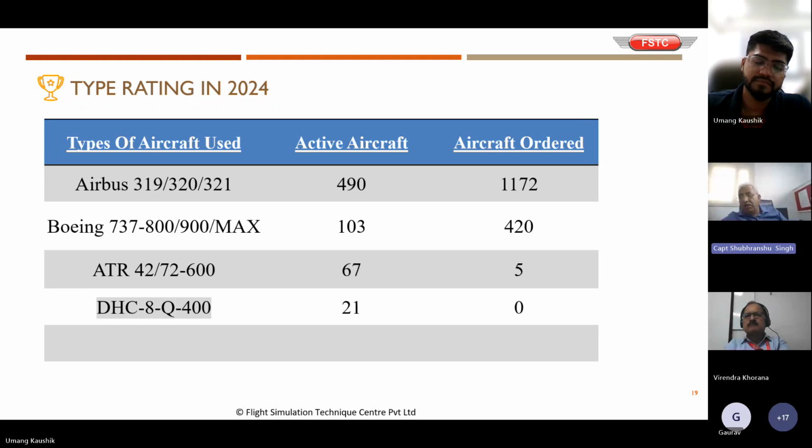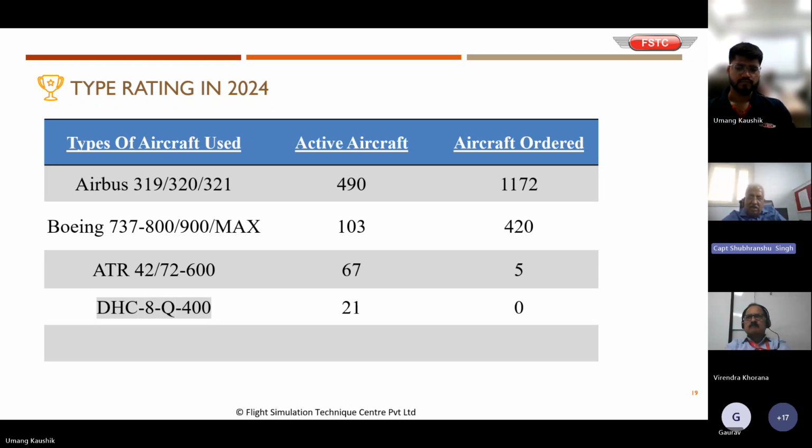Gaurav, as Captain Samant also said, it is a very sinusoidal curve, up and down. In the present, for the next 5 years, Airbus has more requirement of pilots, so people from ATR move to Airbus. At a certain point, say after 5 years, ATR has more requirement, so the airlines will say, stay in ATR for the next 5 years, then we'll upgrade you to 320.